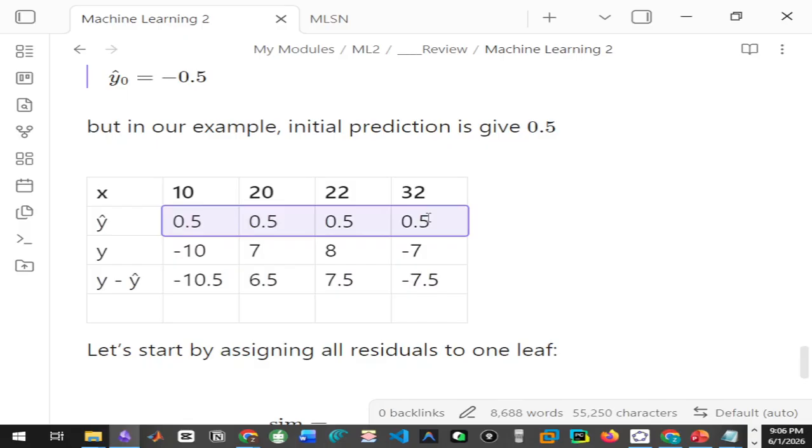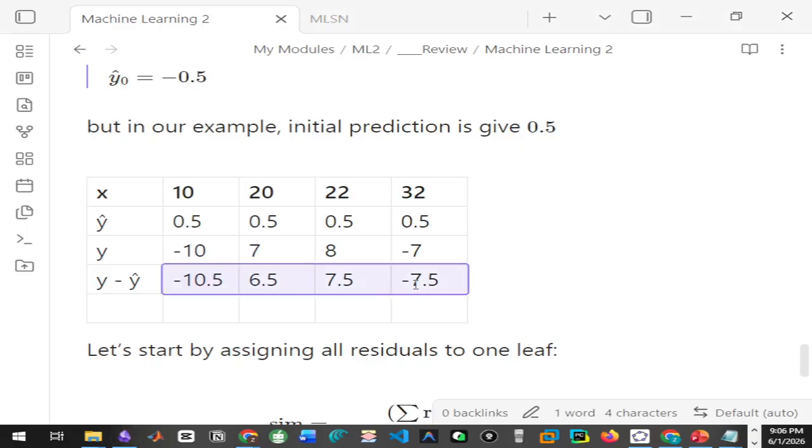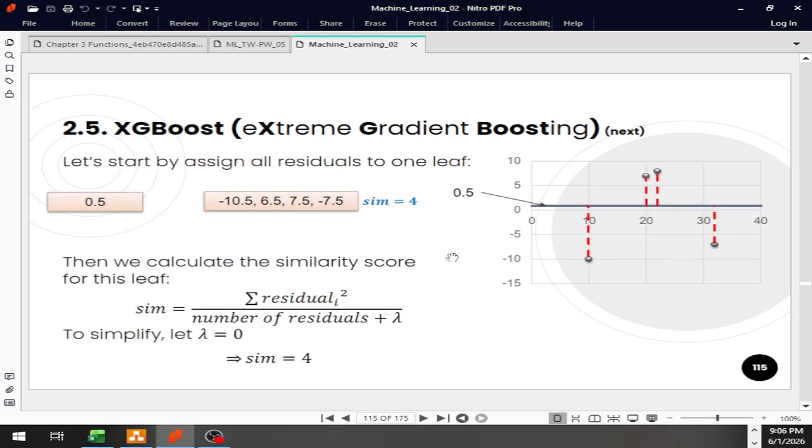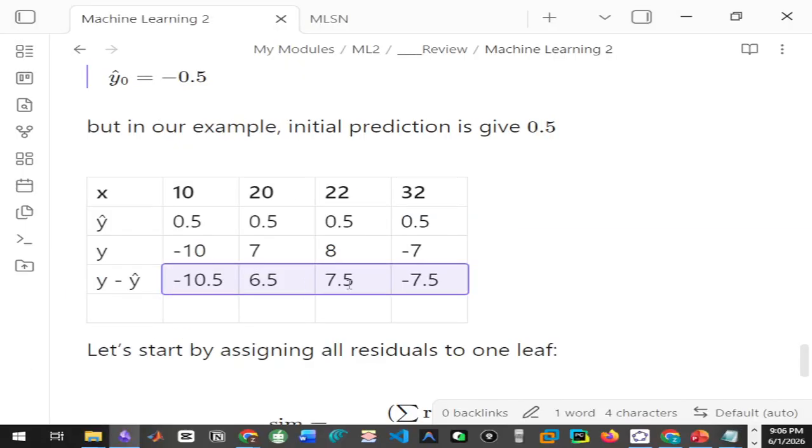The predictions, all of them are 0.5, so I just make a subtraction and we find these. So when you go back to the slide, now I think you understood where these values come from. Here they are.